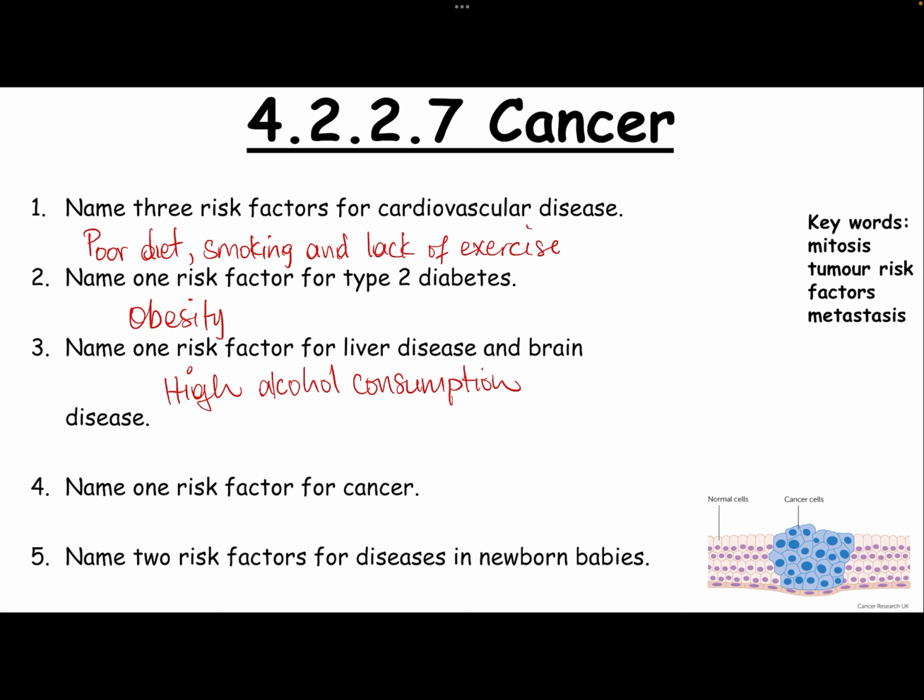Name one risk factor for cancer. So exposure to radiation, or exposure to high ionizing radiation, or exposure to carcinogens.